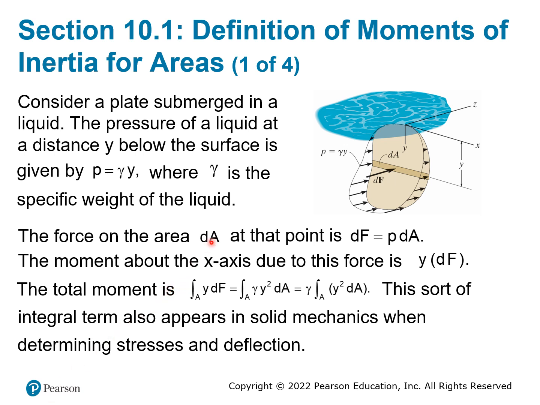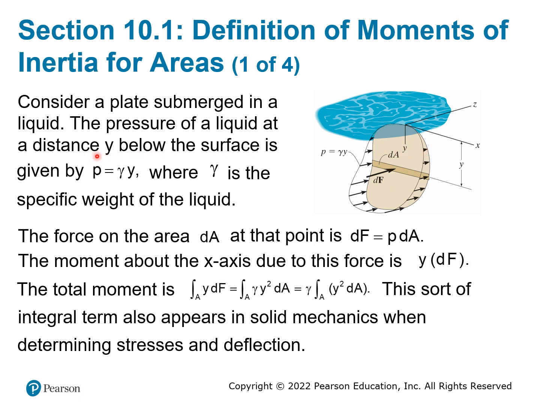Now let's look at the definition of the MOI for areas. Consider a plate that is submerged in a liquid. Here's the liquid, and the plate is underneath the liquid. The liquid applies pressure to the surface underneath it. In physics, you learn the pressure is proportional to the depth.